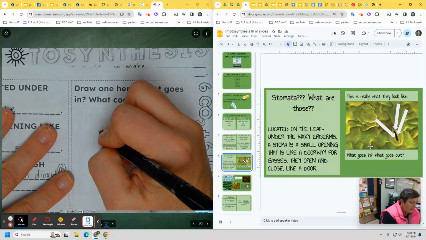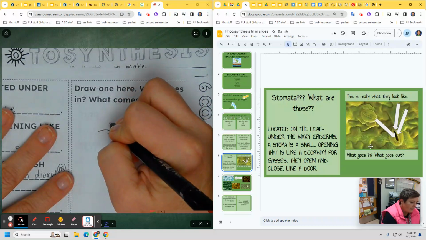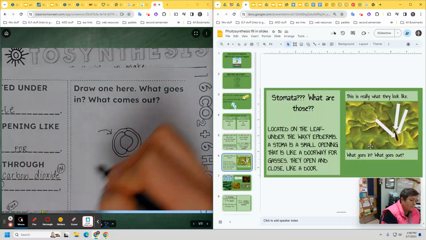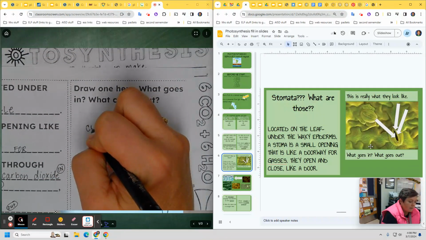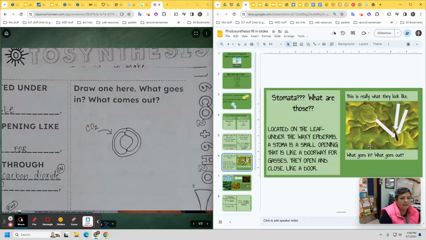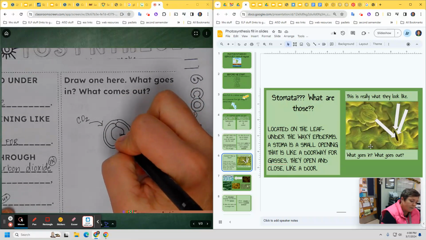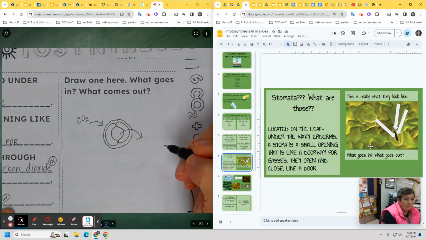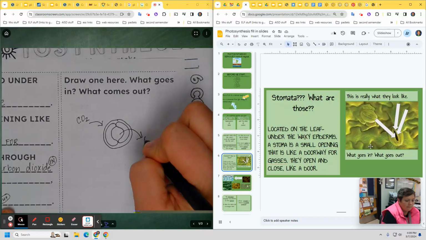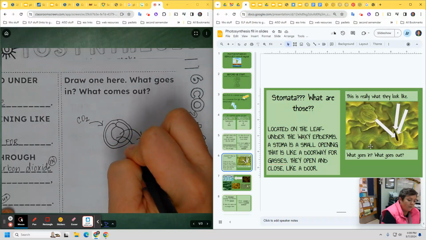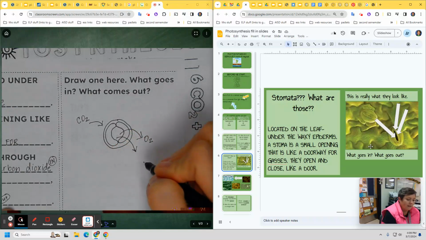Then what comes in? Carbon dioxide comes in, right? We said that they need that for photosynthesis. Then what comes out? They're making oxygen, and believe it or not, that's a waste product for them. Can you believe that? And also, water comes out.